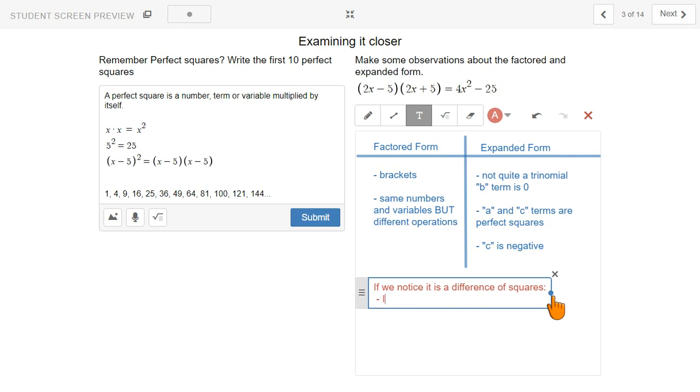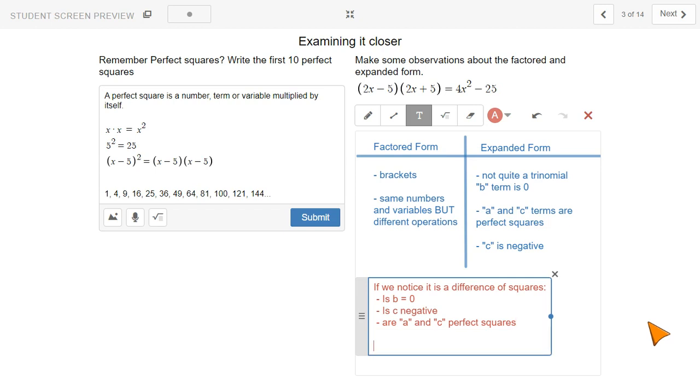So your questions: is B equal to 0? Is C negative? And are A and C perfect squares? If you answer yes to all of these, then we know it's a difference of squares.